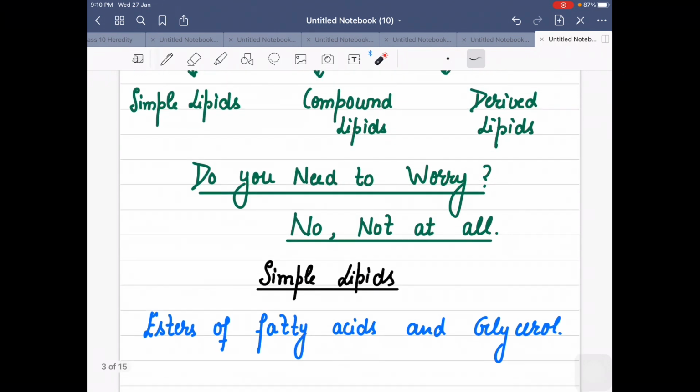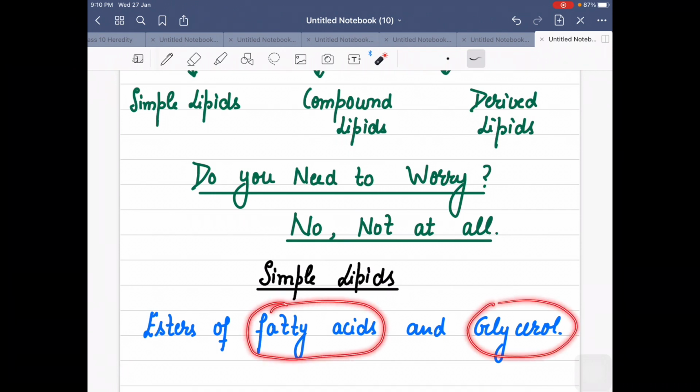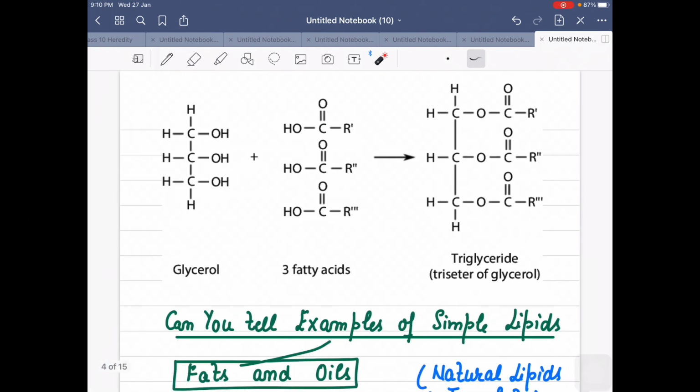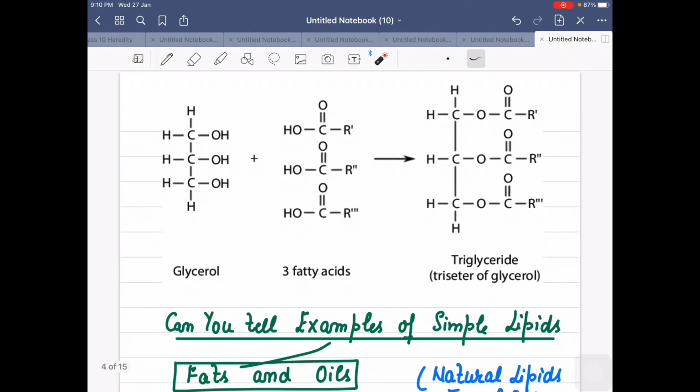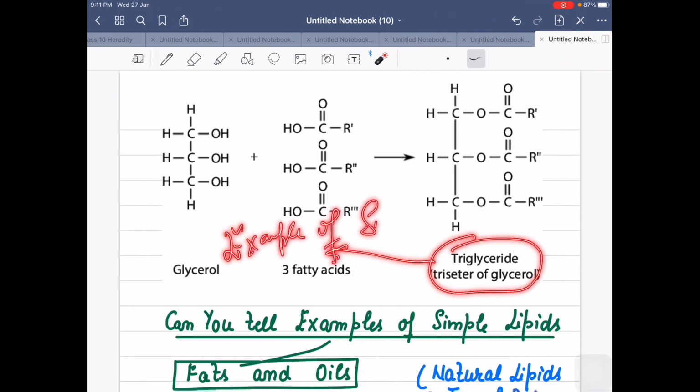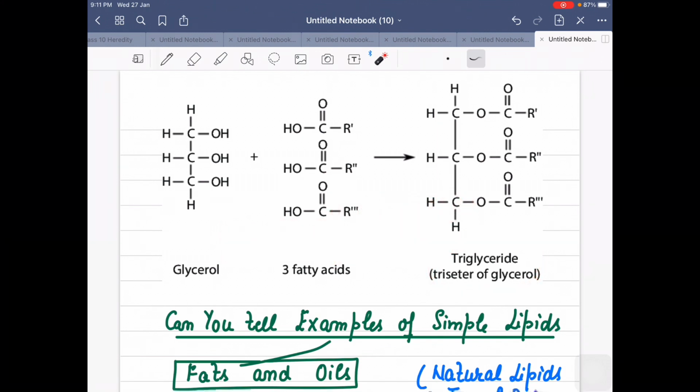Simple lipids, we just defined, are fatty acids plus glycerol. When they form an ester bond through esterification, they are known as simple lipids, right? So if I ask you, triglyceride is an example of a simple lipid.